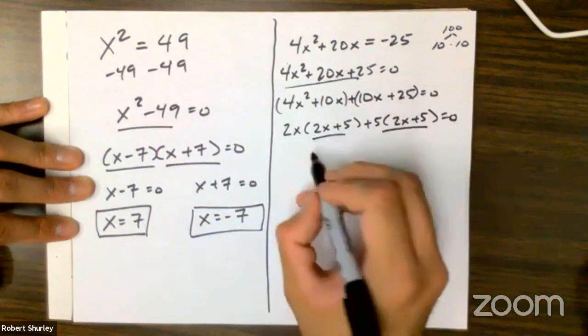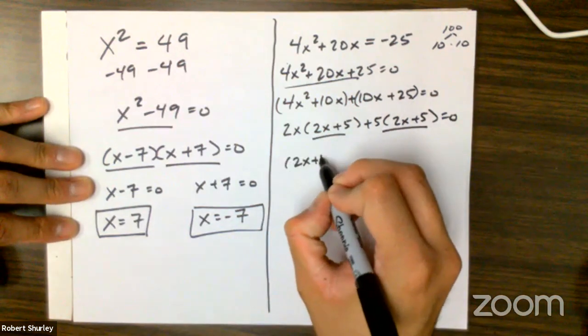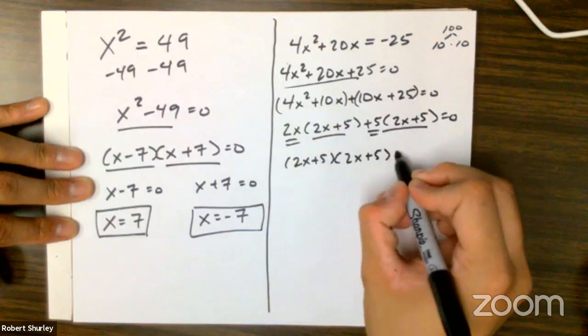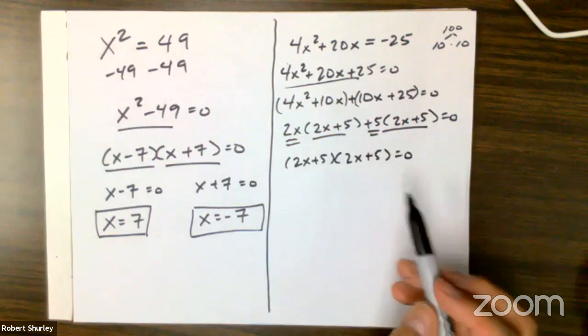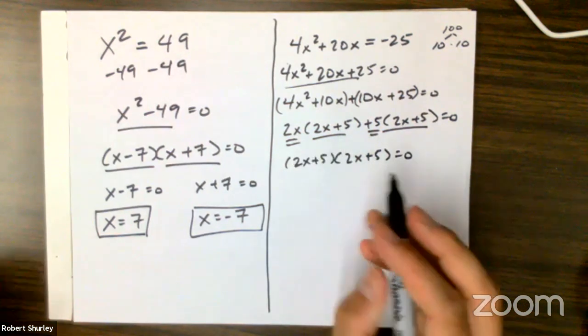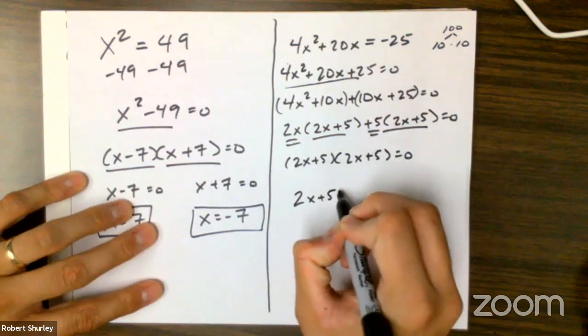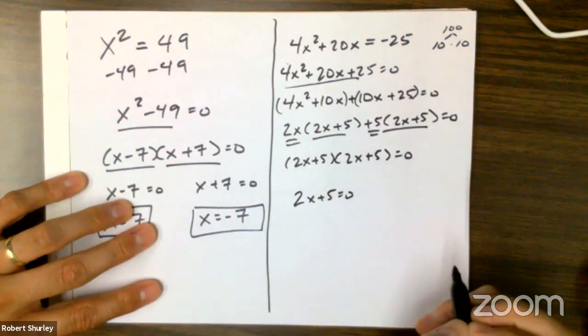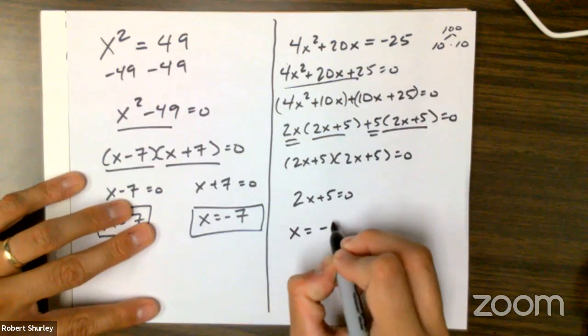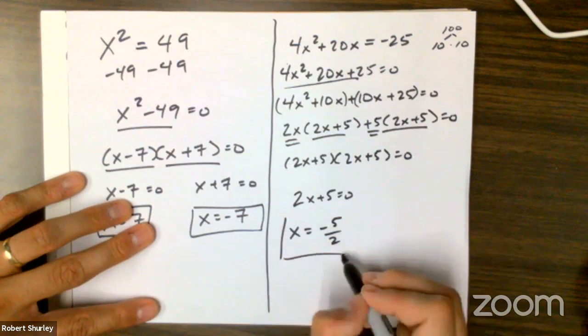These match, so then I've got 2x plus 5 times 2x plus 5, right? So this is a perfect square. Now look, we really do have two solutions here, but they're repeated. Okay, so I've got 2x plus 5 equals 0. If you want to write 2x plus 5 equals 0 over here, you're more than welcome to. But this is going to be x equals negative 5 halves.